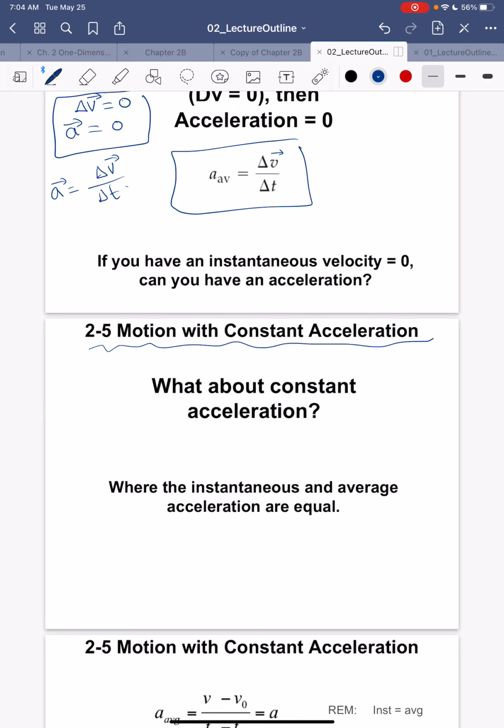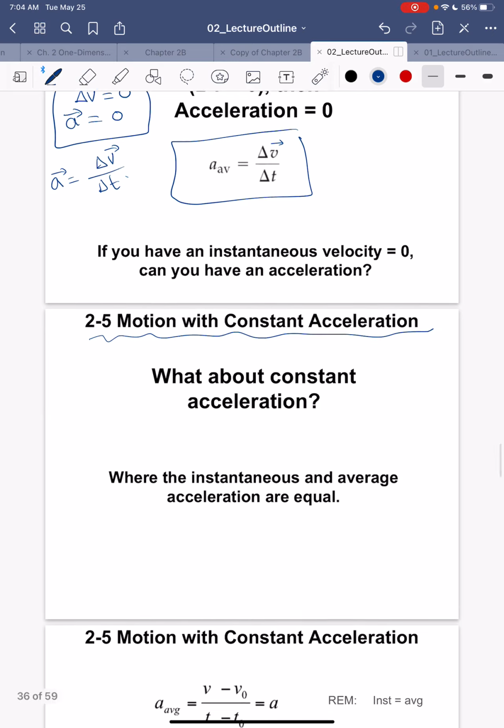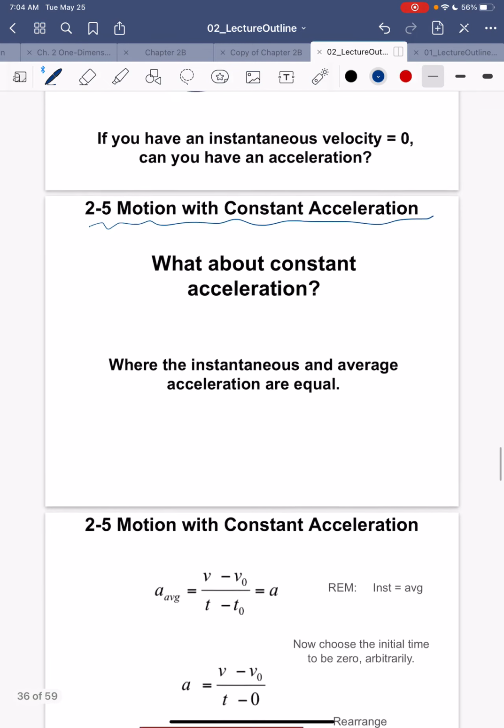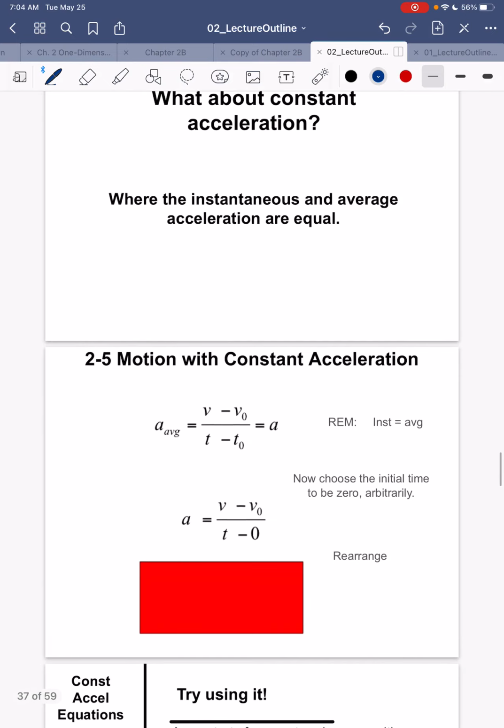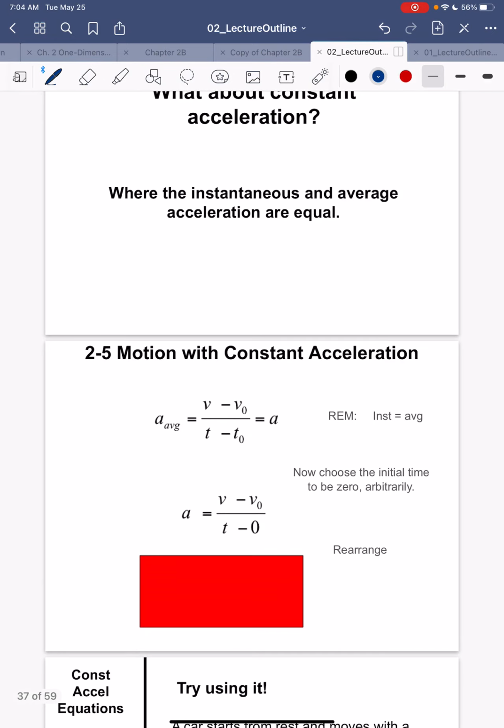Now, where the instantaneous and average accelerations are equal, we have constant acceleration, which means it will not change. There are a set of equations that we can use in this type of motion. The first one is this one here: A average is V minus V0 divided by T minus T0.